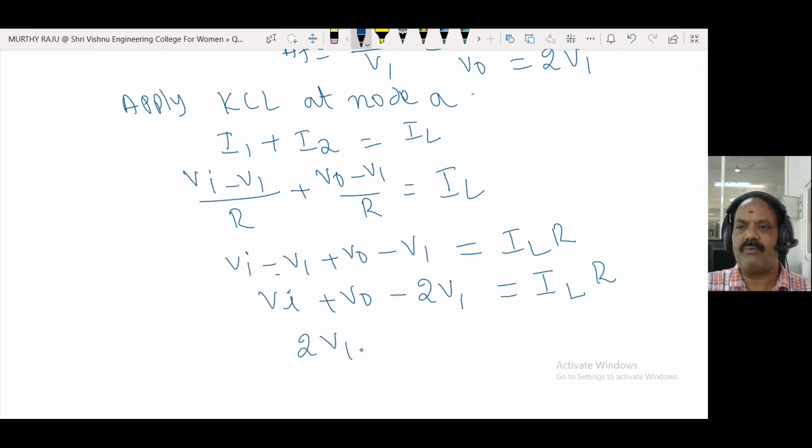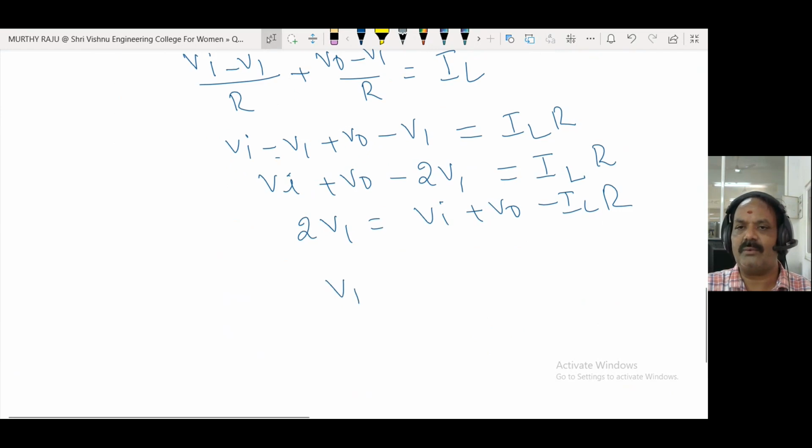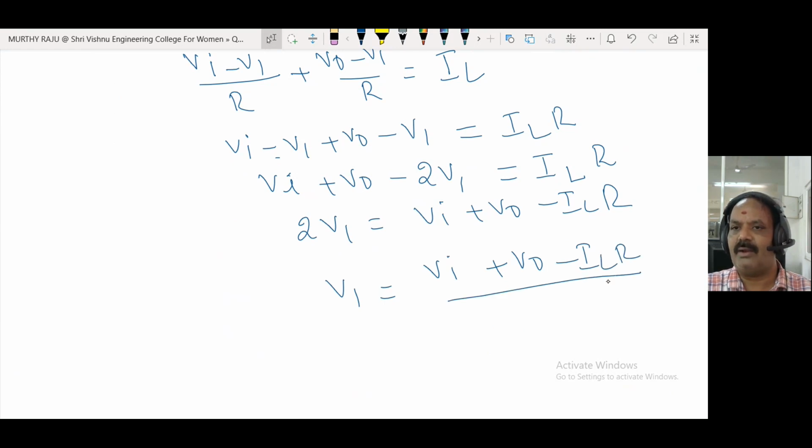2V1 is equal to VI plus V0 minus IL into R. Therefore, V1 is equal to VI plus V0 minus IL into R, by 2.